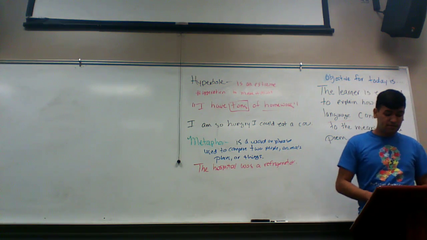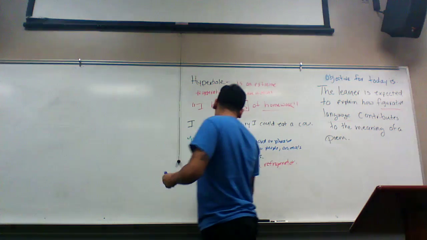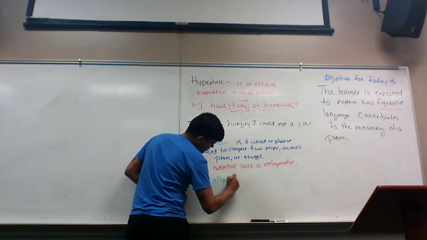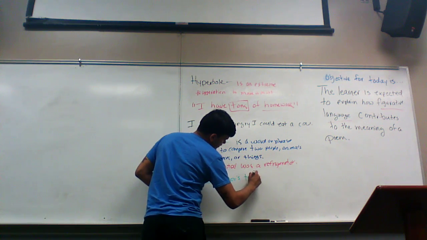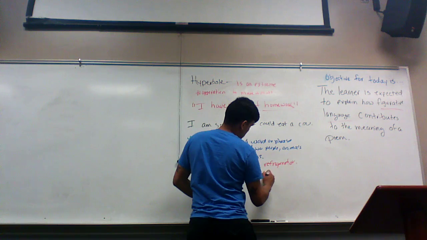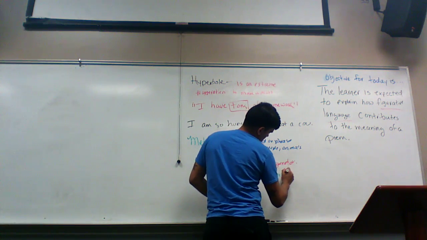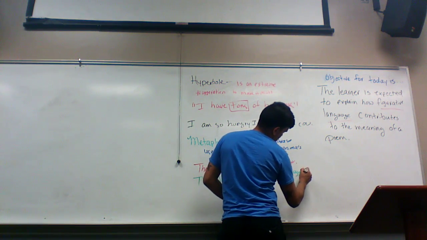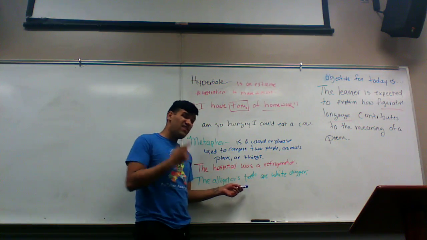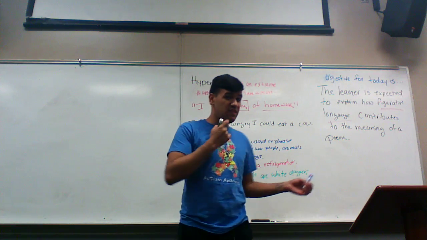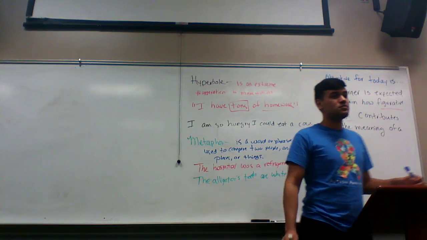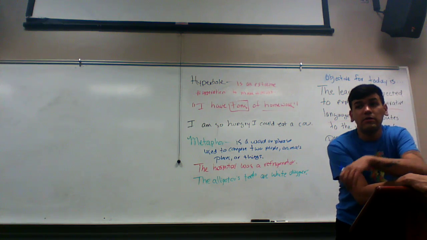The second one is: the alligator's teeth are white daggers. Here you're comparing an alligator's teeth with a white dagger. So what is a dagger, guys? Does anyone know what a dagger is?